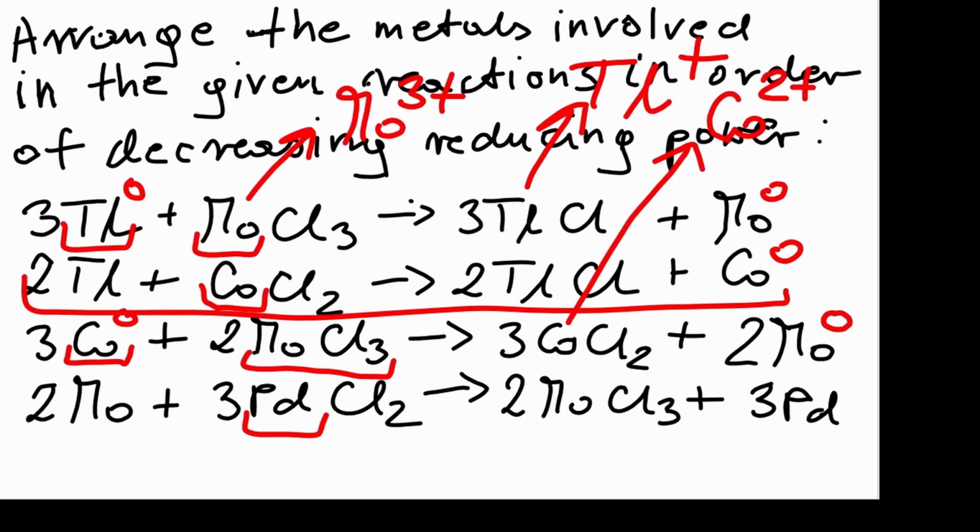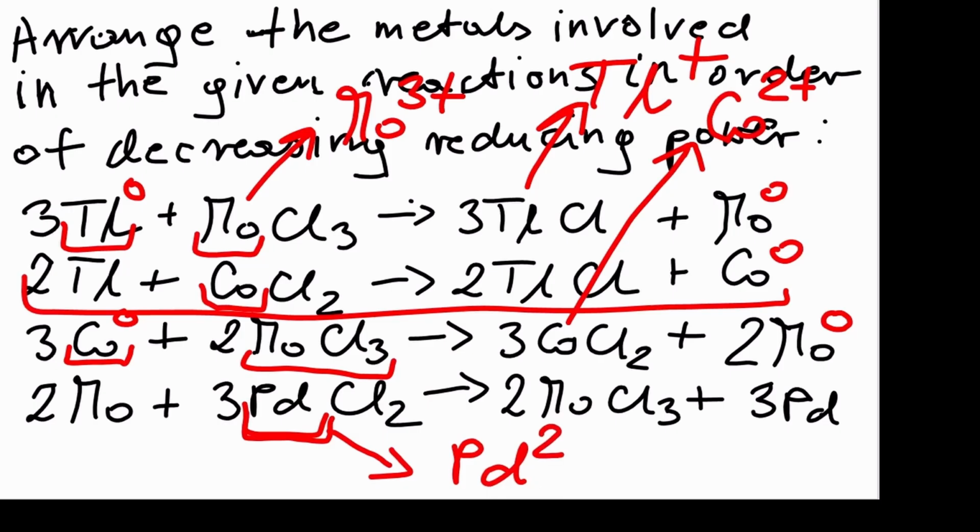Let's see the fourth reaction. The last one, palladium. In the fourth reaction, there is a comparison between the molybdenum and the palladium. We could see that molybdenum is oxidized in the presence of the palladium cations, in the form of the palladium chloride.